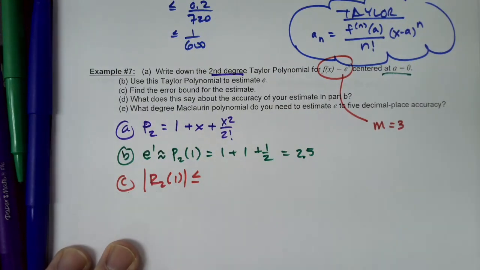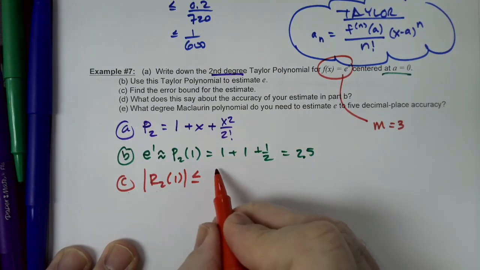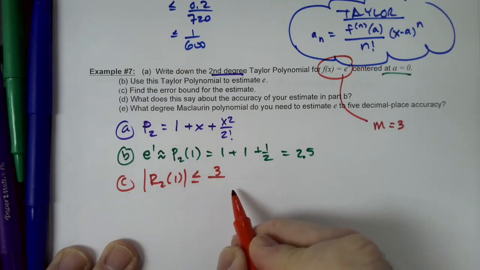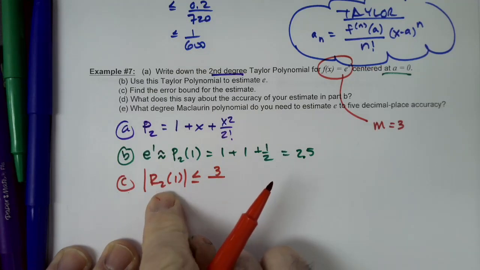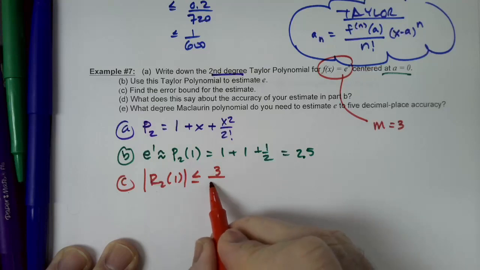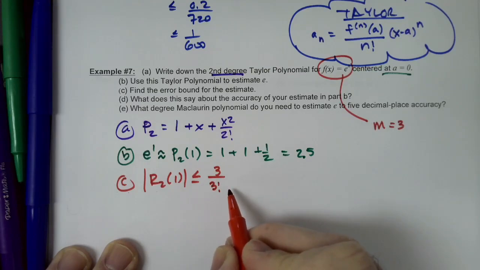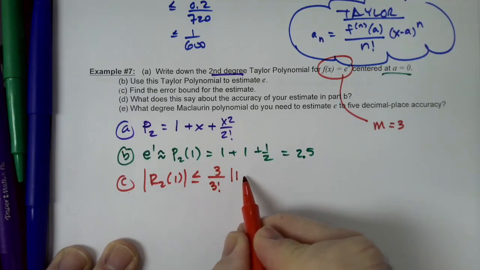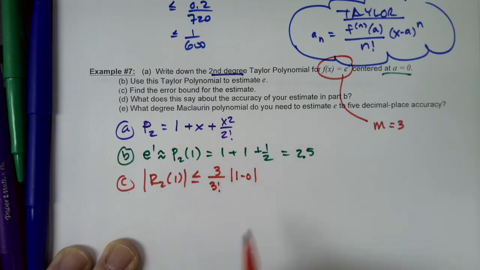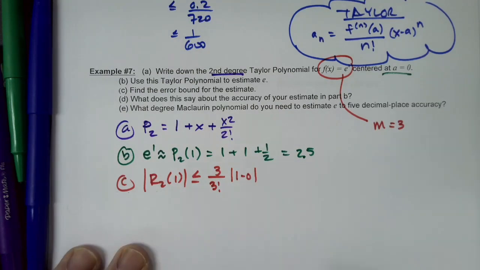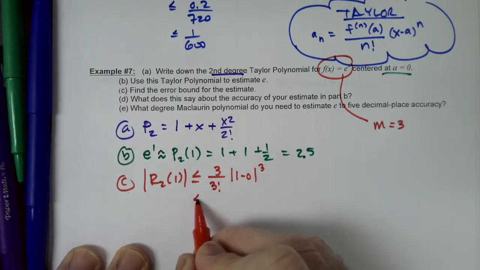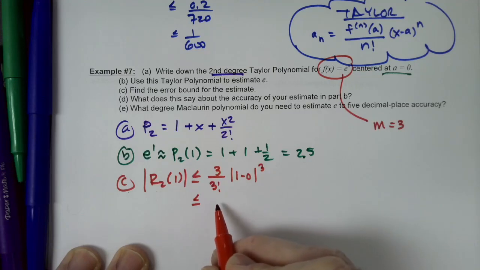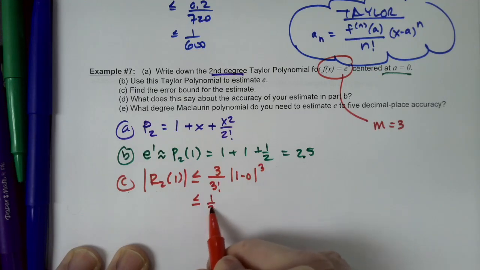We got that memorized. That was up above. So we'll set this equal to 3. And since this is the second degree, we'll use 3 factorial. And then our b minus a is just 1 minus 0. Oh, that was nice of them again. All raised to the third power. Which means 3 over 3 factorial simplifies to 1/2.